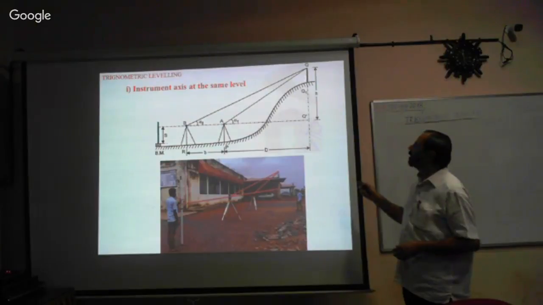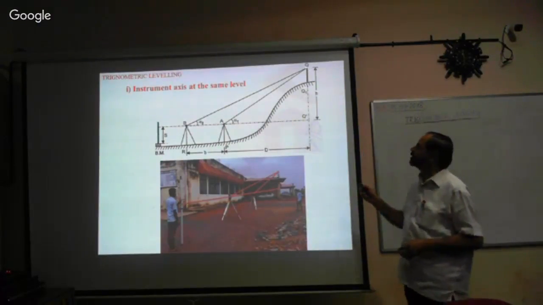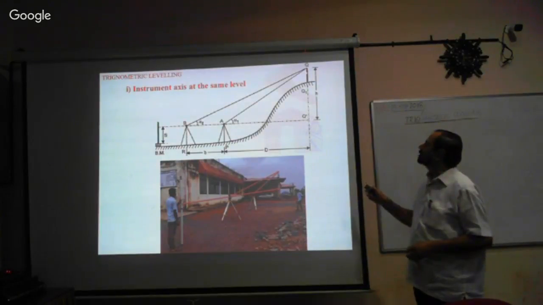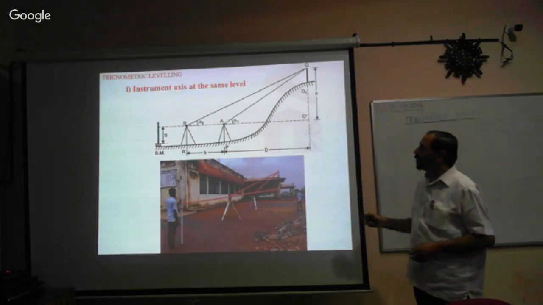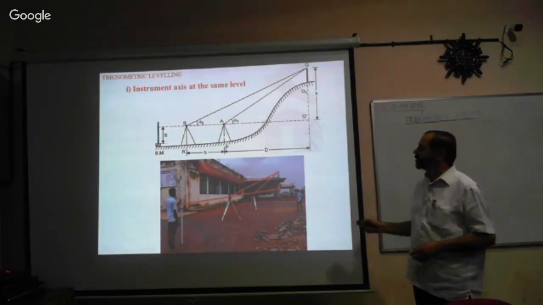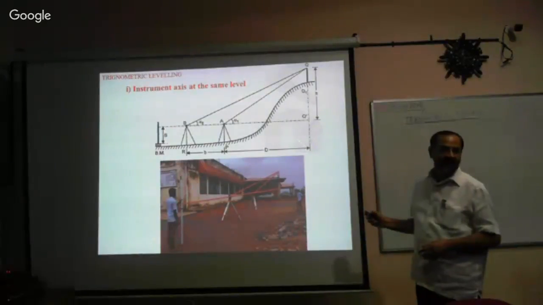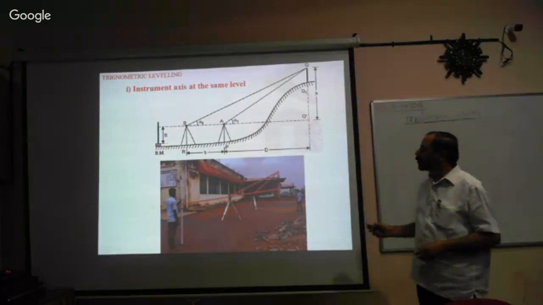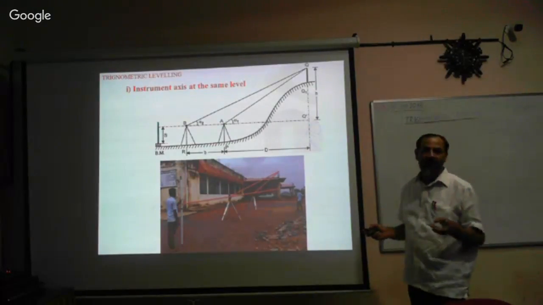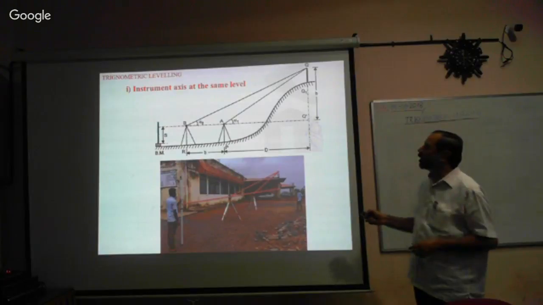By considering this triangle, now we can calculate H. Alpha 1 is known, but we don't know the distance between the first instrument station and the object, isn't it? So therefore, there are 2 unknowns, that is D is unknown and H is also unknown. There are 2 unknowns and there is only one known data.